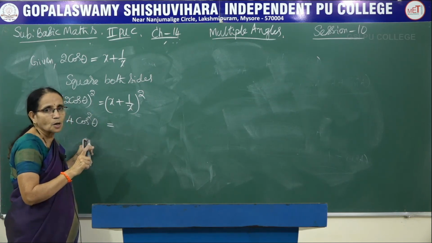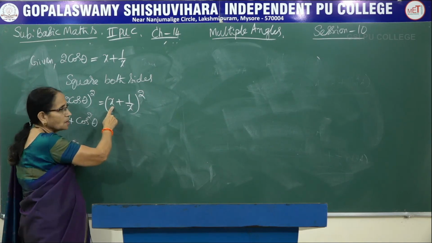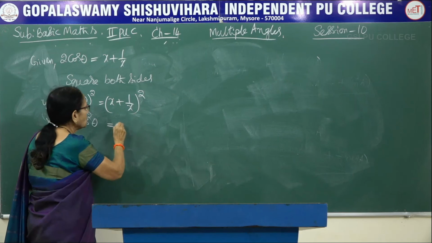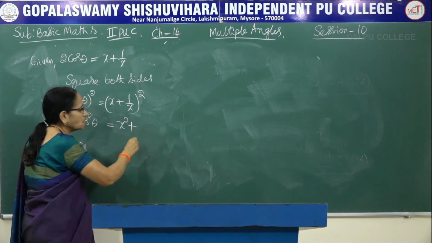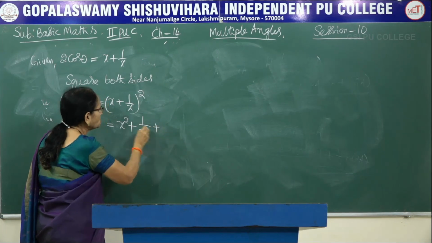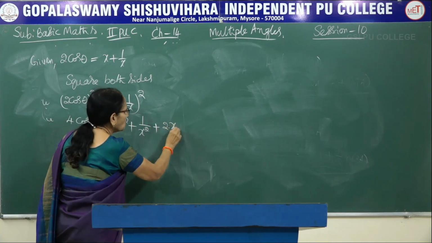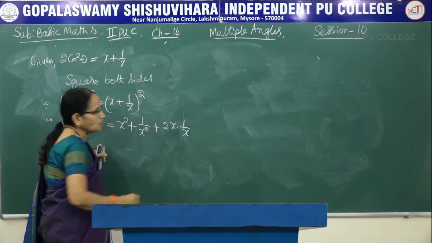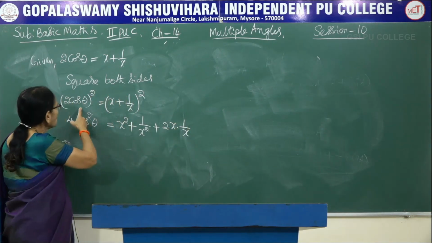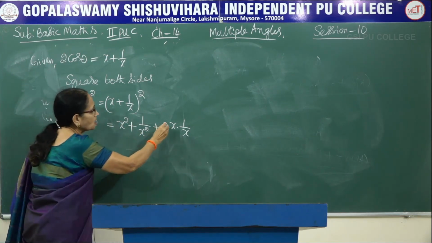It resembles the formula a plus b the whole square. So a is x, b is 1 by x. That is a square, that is x square. b square, 1 by x square, plus 2 into a into b, that is 2 into x into 1 by x. So here direct squaring, here I am using the algebraic formula.